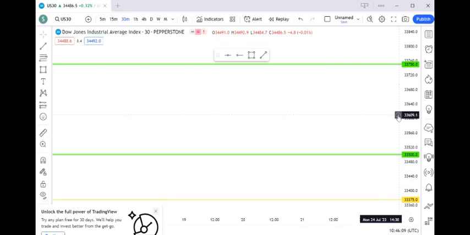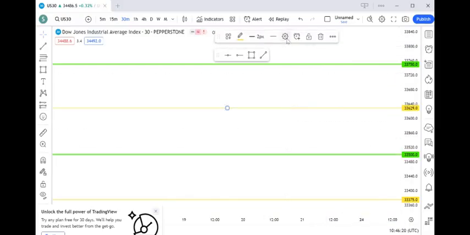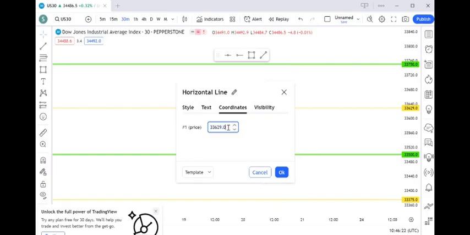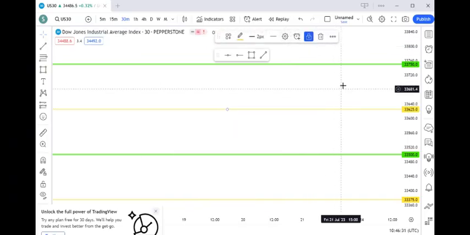We want 33,625. Horizontal line, click on the line, click on settings. Done, lock.